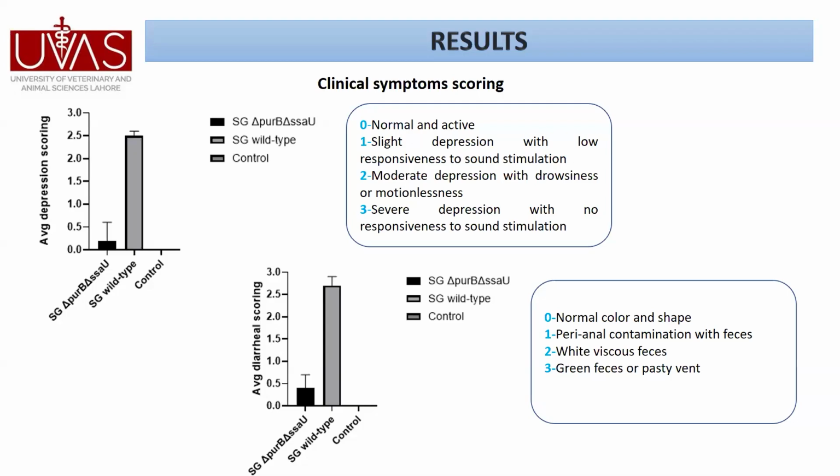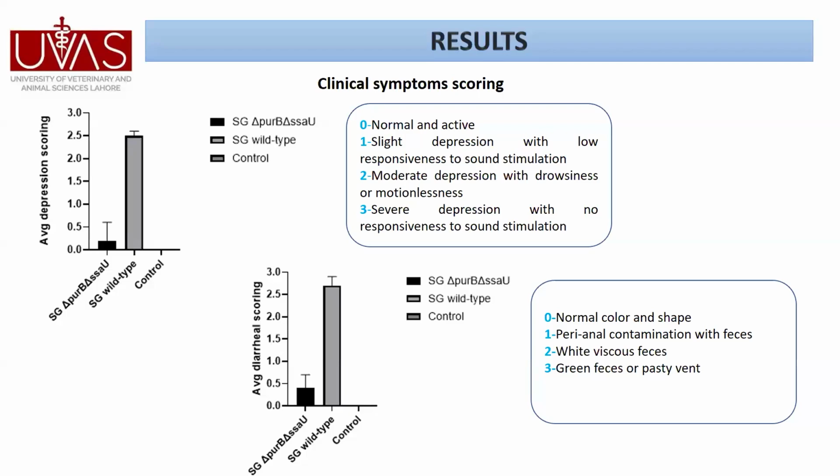Similarly, when we opened the birds and looked at the diarrhea condition: normal color and shape 0; perianal contamination with feces 1; white viscous feces 2; and green pasty vent 3, which is a very serious disease in case of Gallinarum.